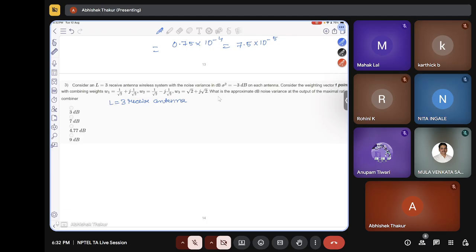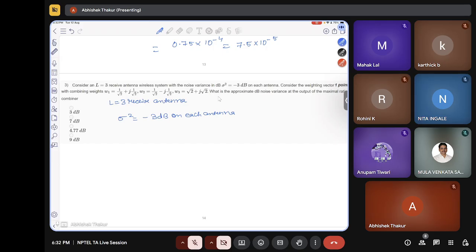And the noise variance is given as minus 3 dB on each antenna. It is not the total, it is on each antenna.